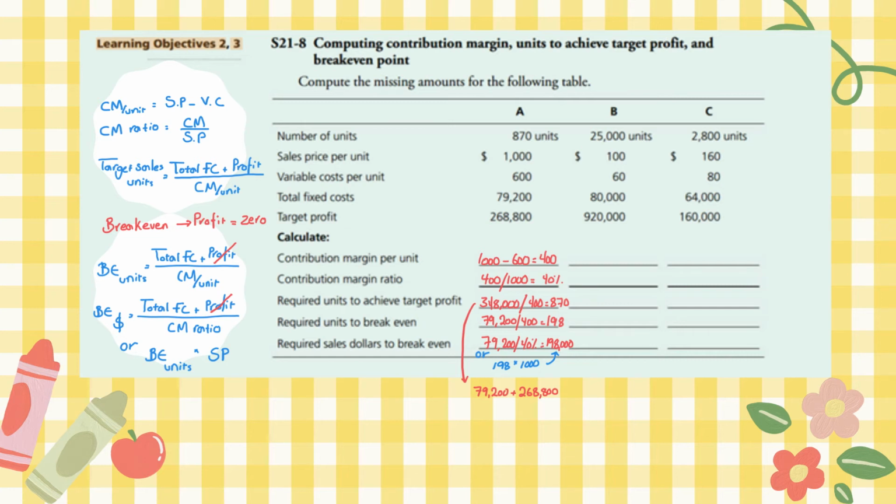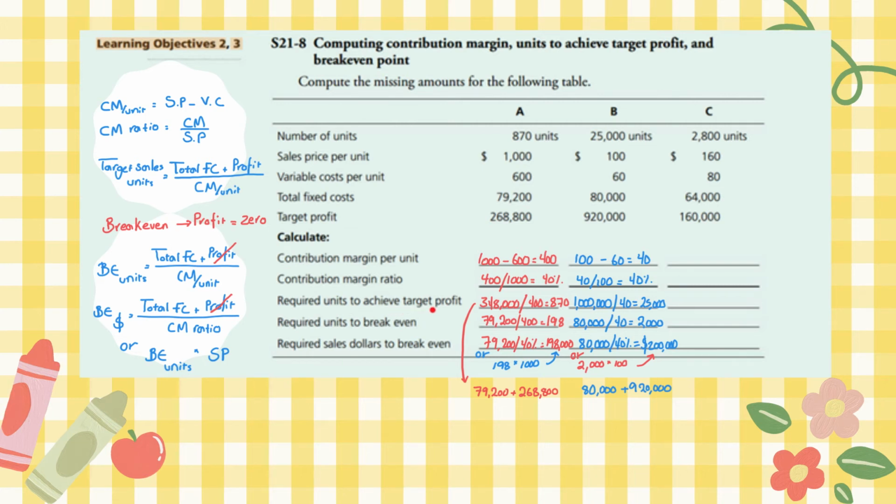Now pause the video and do the calculations for B. Now for the contribution margin per unit, sales price less variable cost, you're gonna get 40. Contribution margin ratio is the contribution margin per unit divided by the selling price, which is 100, so it's gonna be 40%.